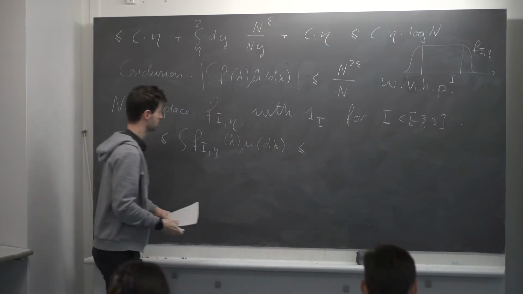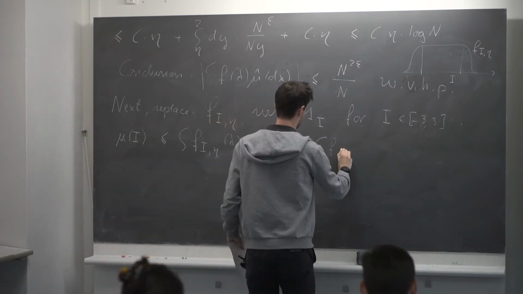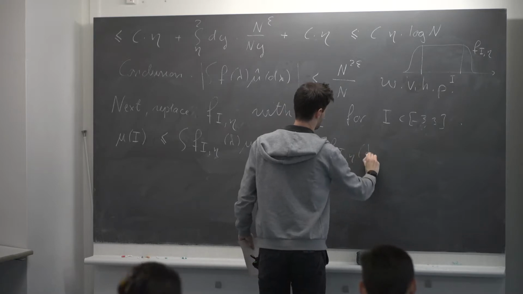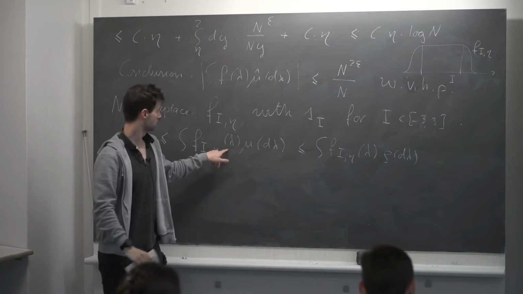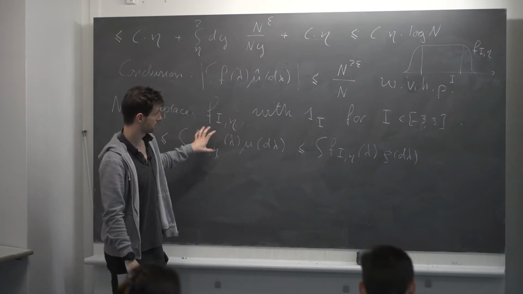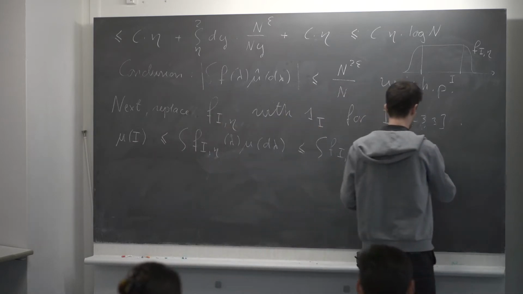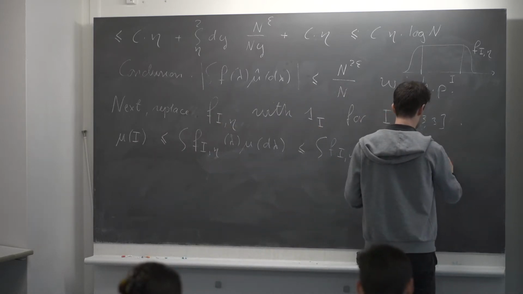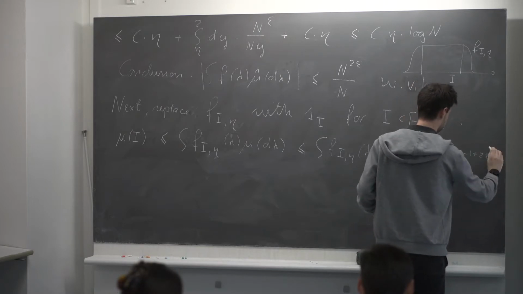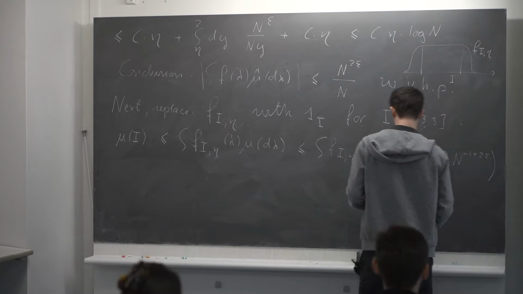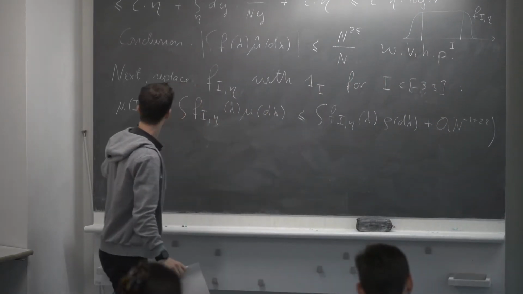And now I used what I just proved, that this thing is equal to the same integral with respect to the same function, but I change the measure and I get an error term plus something of order n to the minus 1 plus 2 epsilon. And now I would like to go back.